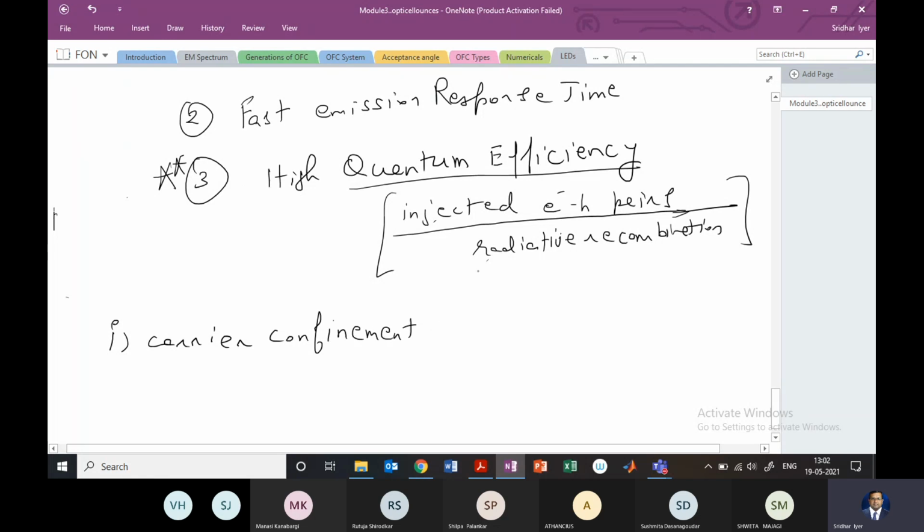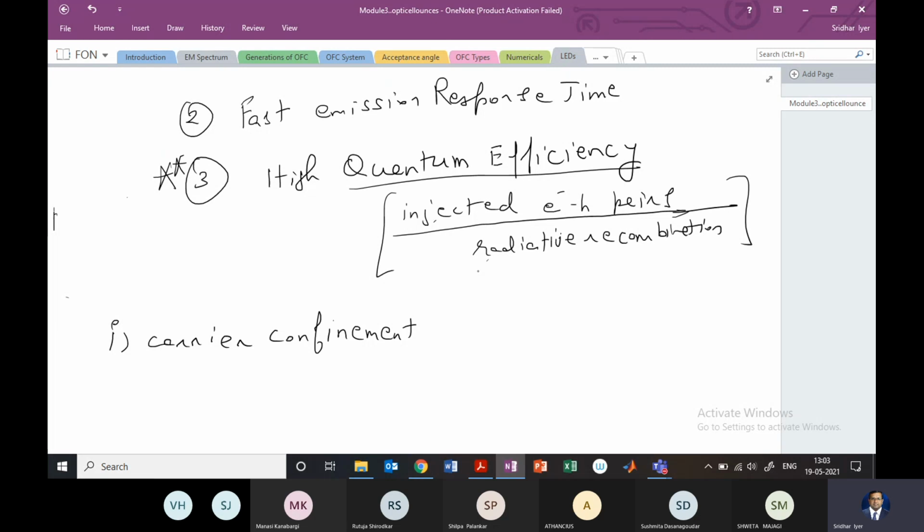Carrier confinement basically means that the electrons and the holes remain in the structure, and they are used again and again to generate more and more photons. This is used to achieve a very high level of radiative recombination, and therefore we get a very high quantum efficiency.